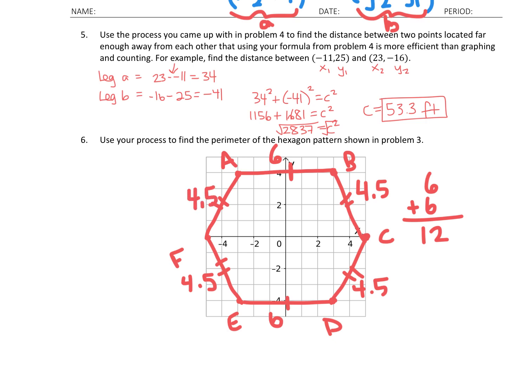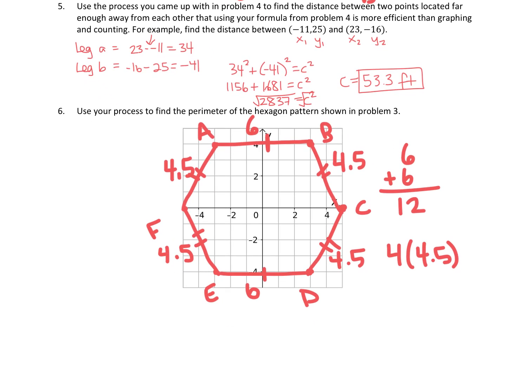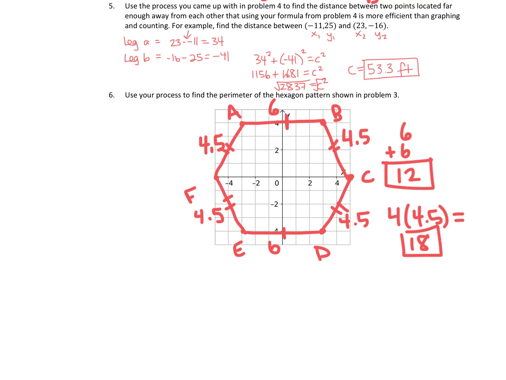So we don't need to recalculate them. So that's going to be 4 times 4.5, which is, I think, 18. So it looks like we've got the 18 and the 12. So our perimeter is going to be 30 feet.